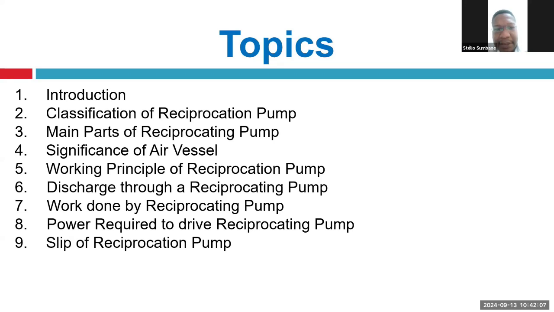What is the maximum flow you can get for the piston pumps once it's manual? That depends upon a lot of factors. One of the factors is the cross-sectional area of your cylinder.